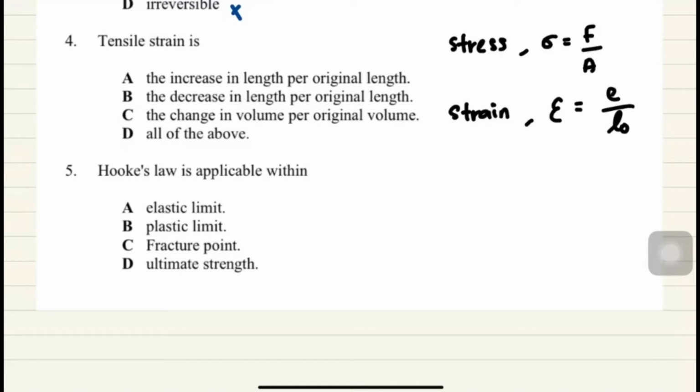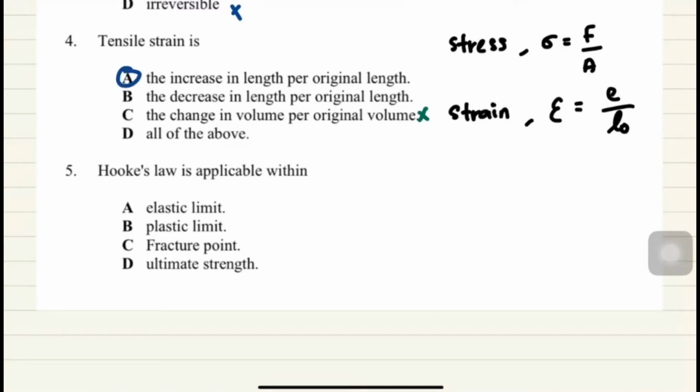So changes in volume is wrong. Increase in length per unit, so it will be A. The answer is A, based on the formula itself.